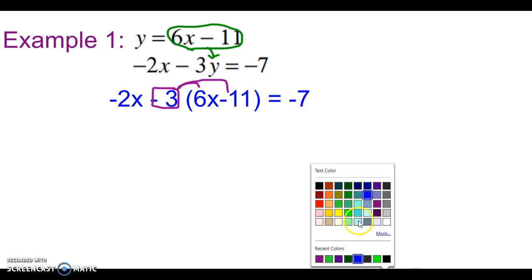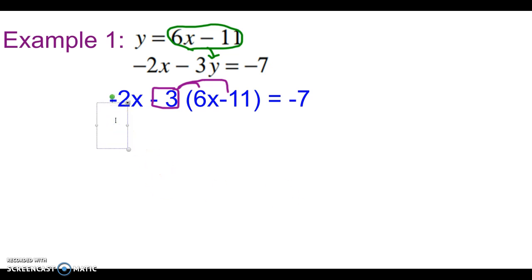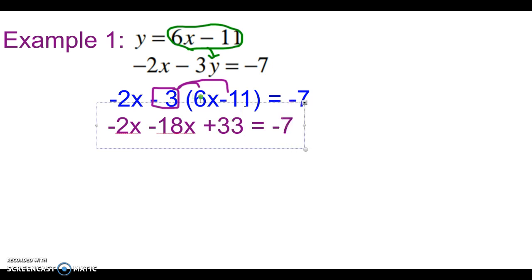So when we multiply, we're going to bring down the terms we're not using. That negative 2x is going to stay negative 2x. But now we're going to multiply negative 3 times 6x, and that gives us negative 18x. And then we're going to do negative 3 times negative 11, which will give us positive 33. We're going to bring down our equal sign and bring down our negative 7, because again, we didn't do anything with that.